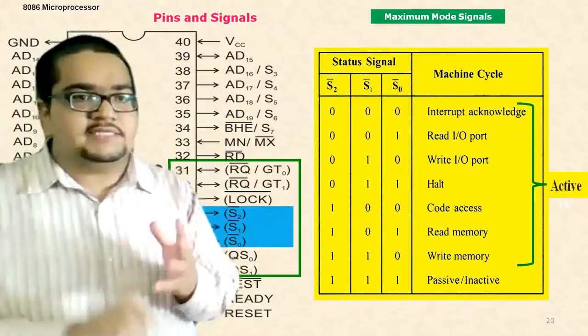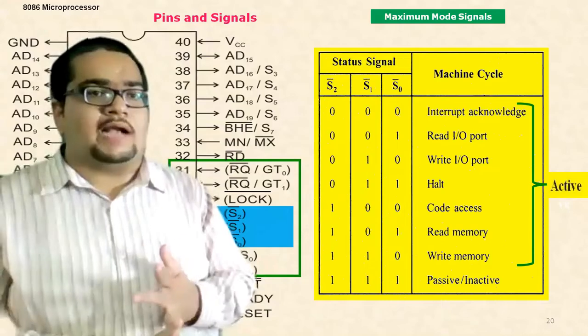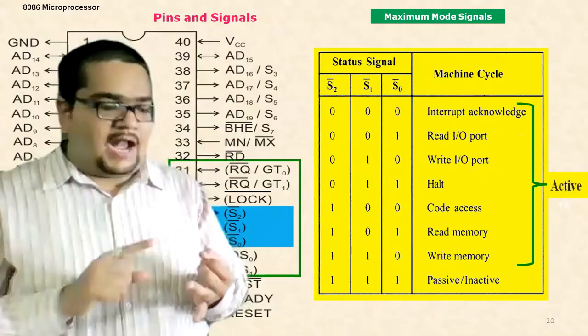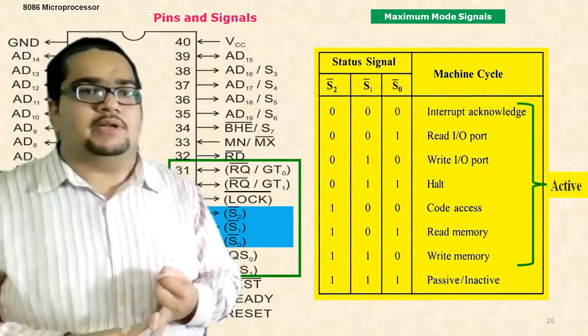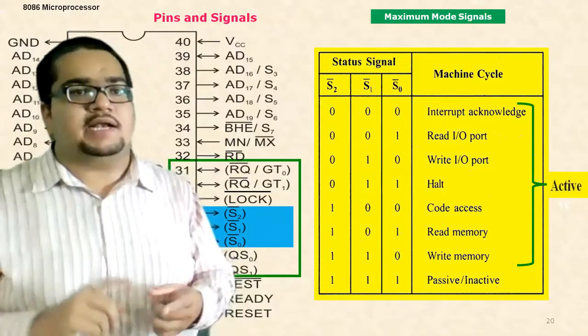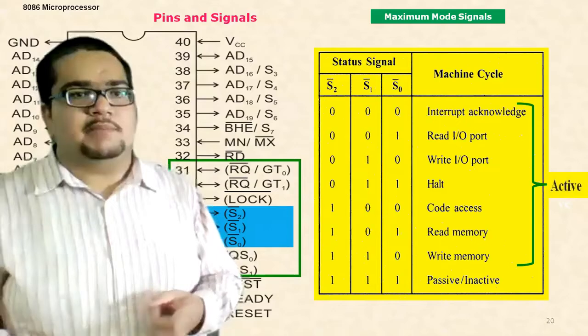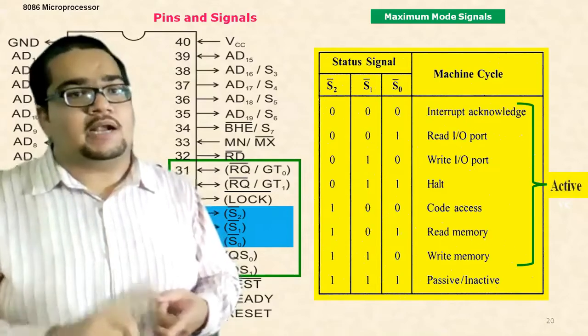Similarly, now there is a read operation and a write operation of the processor. When it is a read operation, it can be of two types, memory read or IO read. And when it is a write operation, again it can be two types, memory write and IO write.